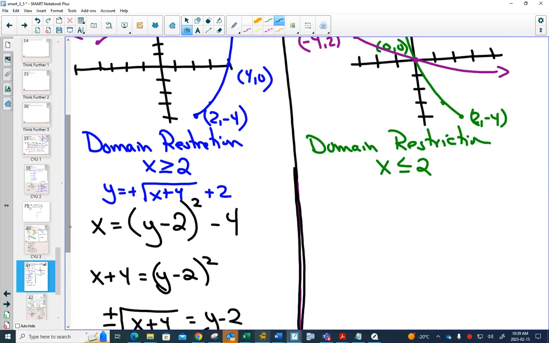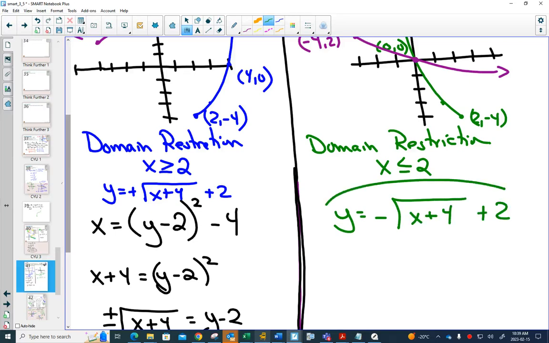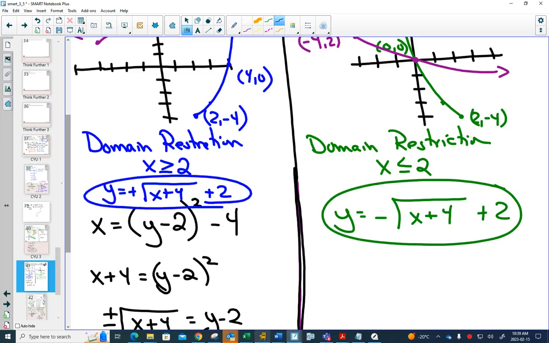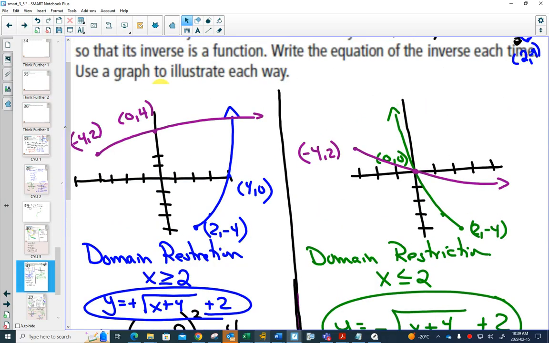And the green one, its equation is going to be the negative, and now we have the equation for both sides. So on your quiz and on your test, I'll split it up with 2 graphs, and this is what I would expect you to be able to do when we split it up with 2 graphs. Okay?